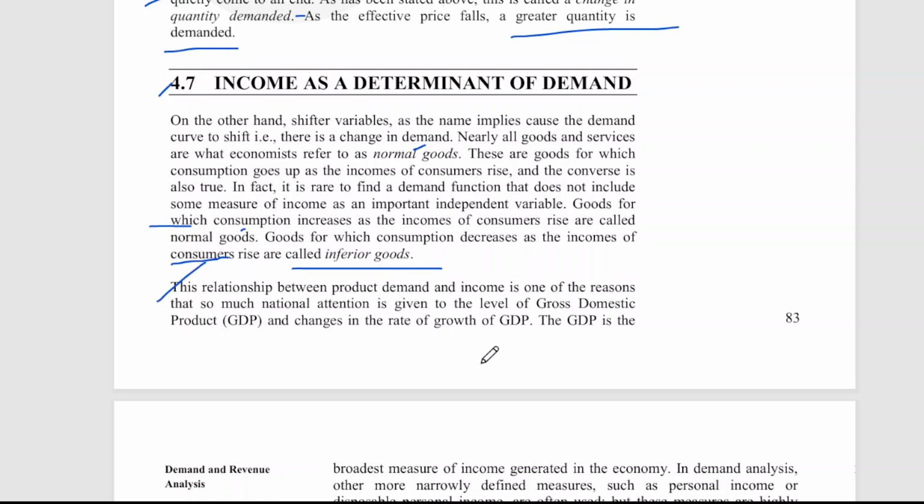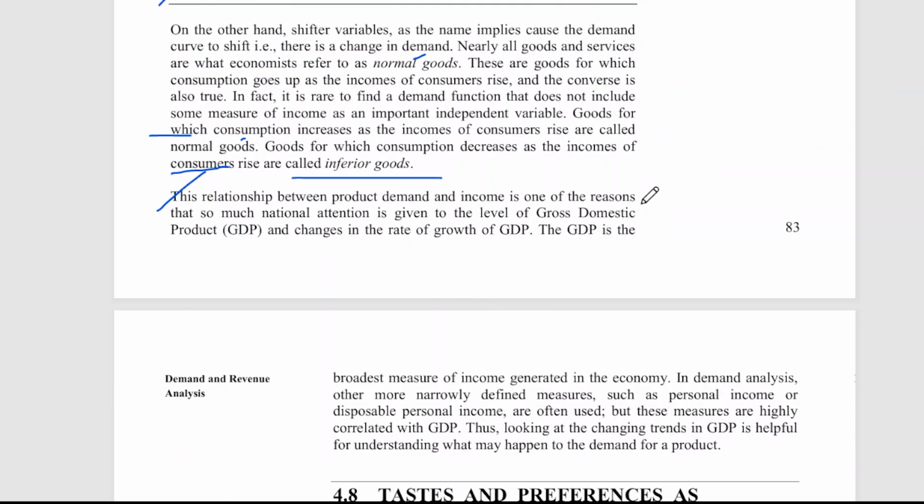This relationship between product demand and income is one of the reasons that so much national attention is given to the level of gross domestic product, that is GDP, and changes in the rate of growth of GDP. The GDP is the broadest measure of income generated in the economy.